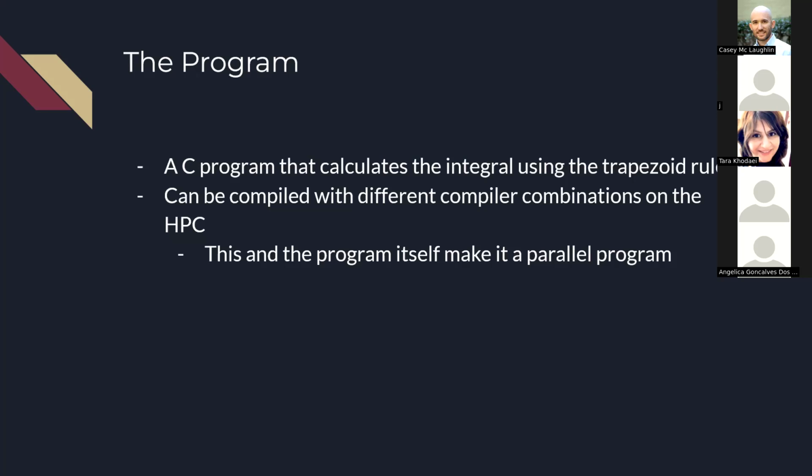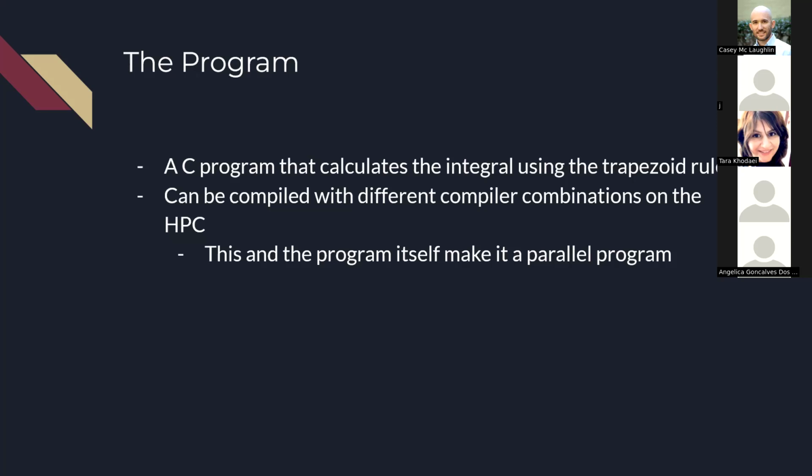Okay. All right. So our example is, given a program, a C program that calculates the integral using the trapezoid rule. This can be compiled with different compiler combinations on the HPC. Once you compile it and before you run it, it can create a parallel program.